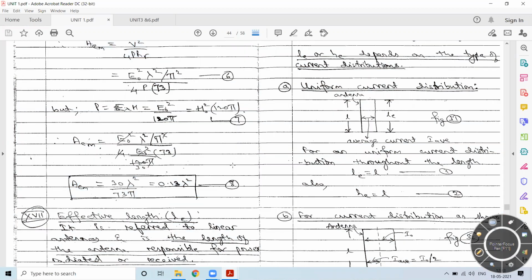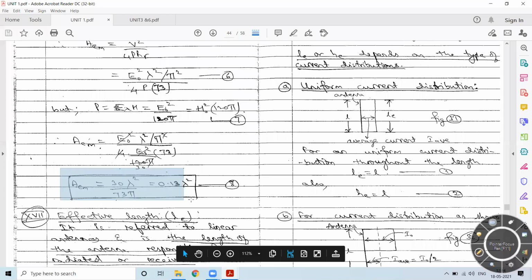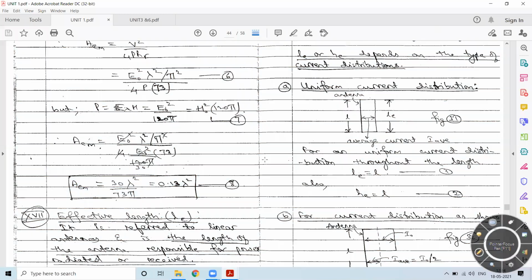Yesterday we had seen that for the short dipole it is 0.119 lambda square, and for the lambda by 2 dipole it is 0.13 lambda square. So this is the maximum effective aperture of the dipole of length lambda by 2.